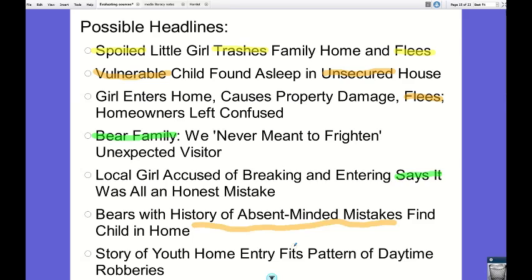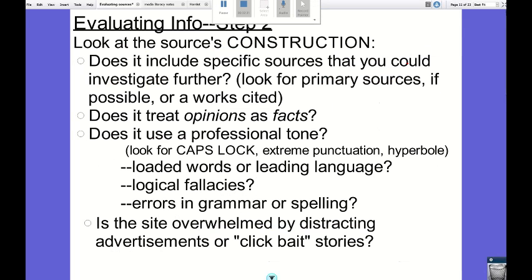So if that article was looking to be neutral, it would be important for the author to include information about maybe other suspects in the daytime robberies, or a response from Goldilocks defending herself and saying that she was not responsible for any other daytime robberies, even if she was involved in this particular break-in. All right, so that's going to do it for us on construction.